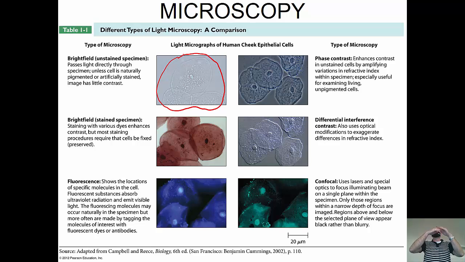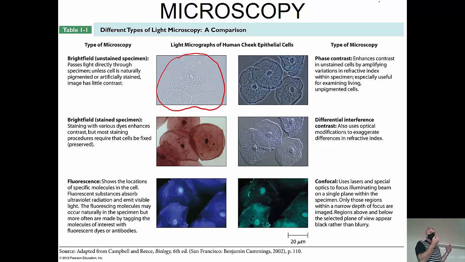A stain will block the light and allow you to visualize the sample. The nice thing about stains is that we can develop stains specific for certain cellular features, and we can often use more than one stain at a time on a sample. Depending on the stain, we may be able to do this with living cells, so we don't necessarily have to kill the cell to stain it. Sometimes we do, but some stains we can use on living cells.